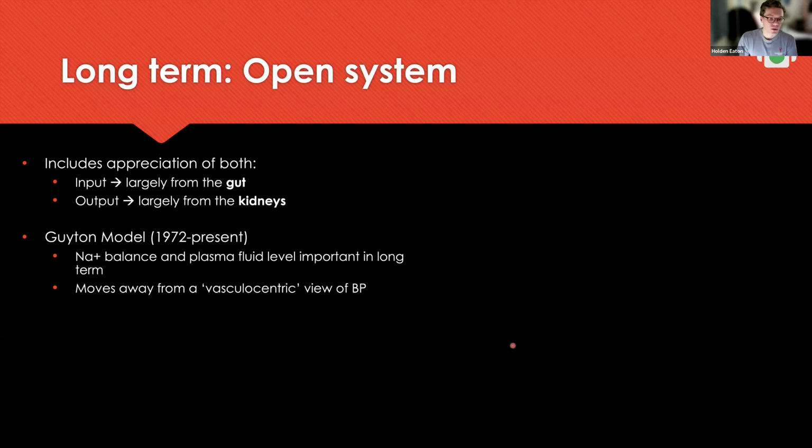This is just one model, one way of representing long-term blood pressure. There are critics of it, and there are papers out there which say it's completely wrong, but there are also others which say that this is the only method. So if you ever find yourself getting confused or finding holes in the model, it's entirely possible and likely that will happen. That's just because it's a model, and it's imperfect.